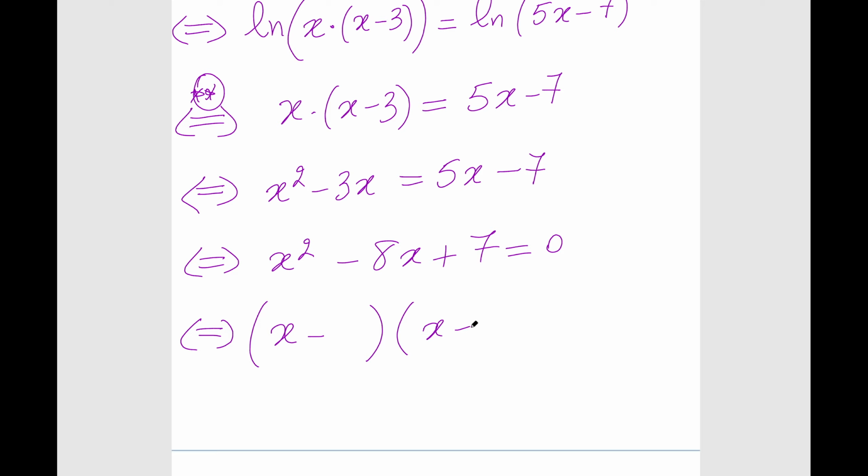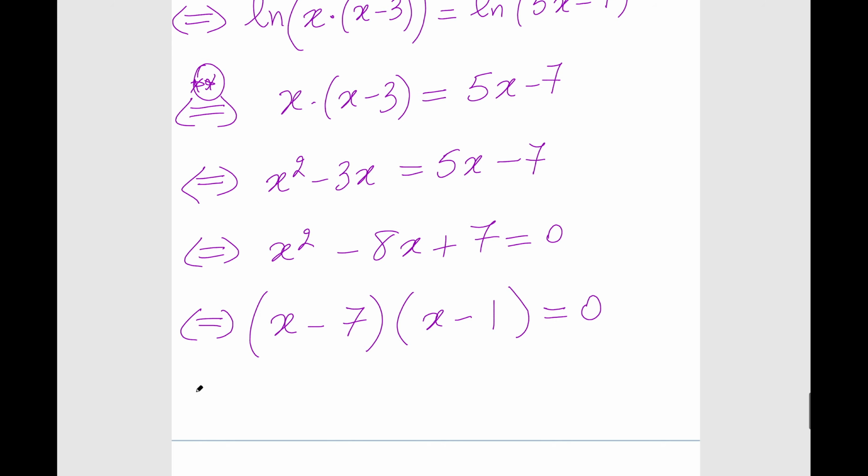How can I factor this? Well, I can take x minus 7 and x minus 1, right? X minus 7 times x minus 1 is certainly x squared minus 8x plus 7. Okay. And as such, that's going to give you either x is 7 or x is 1. Yes? Either x is 7 or x is 1.